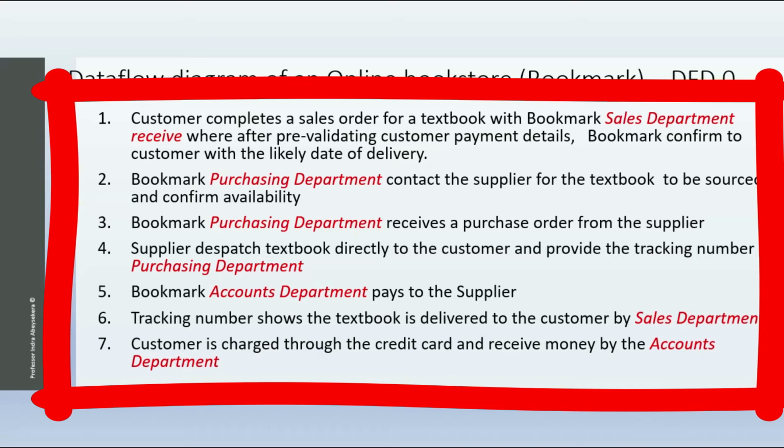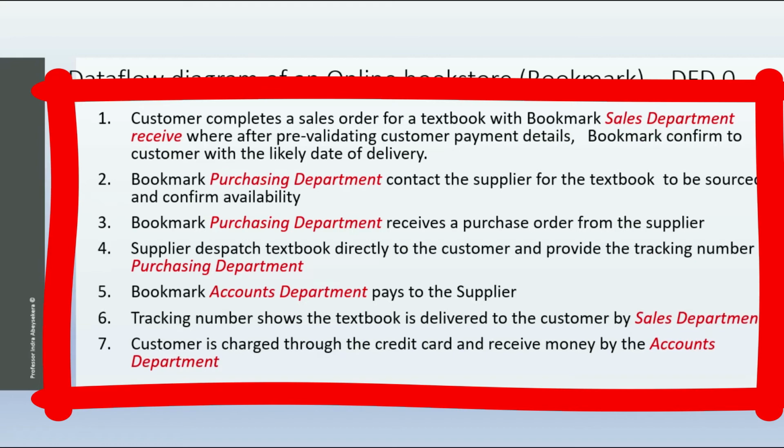The first one in relation to the sales order was the sales department that received it, and the second one was that the purchasing department contacted the supplier, and the third was the purchasing department receives the purchase order, and the fourth is that the textbook was dispatched, and the tracking number was sent to the purchasing department for internal distribution.